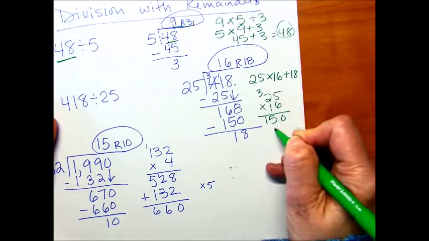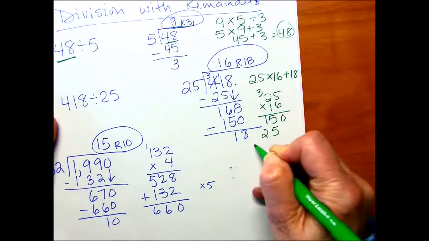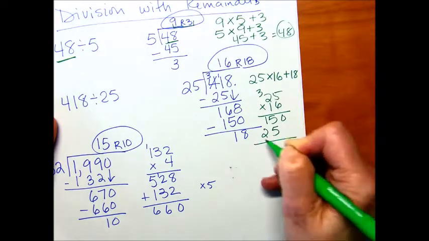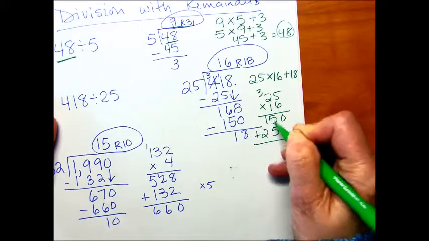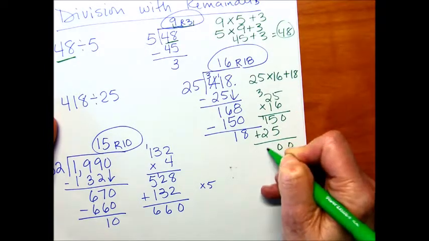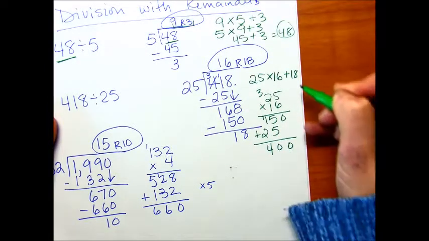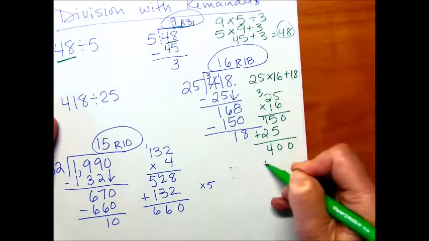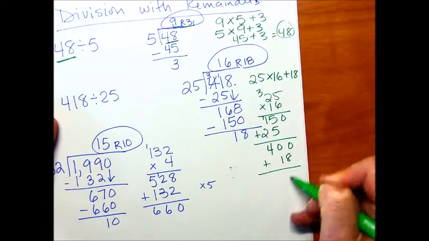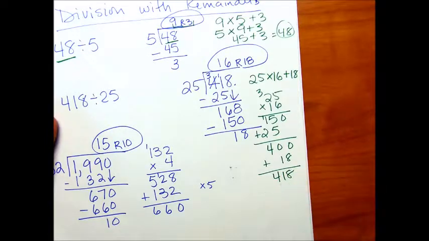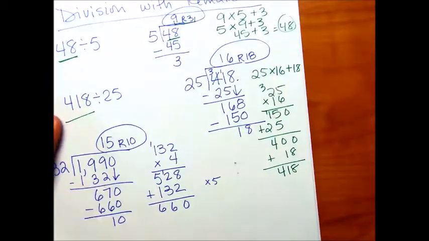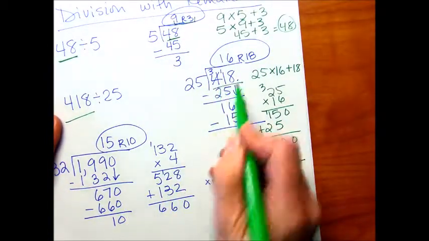And then these are just going to be the numbers, because 1 times anything will be that number. Then I'm just going to add 0, 10, and that'd be 400. But now remember, I have to add that 18. So 418. And sure enough, that's what my starting number was.